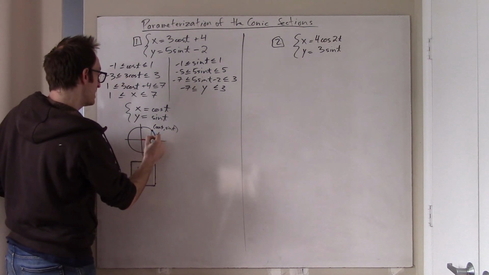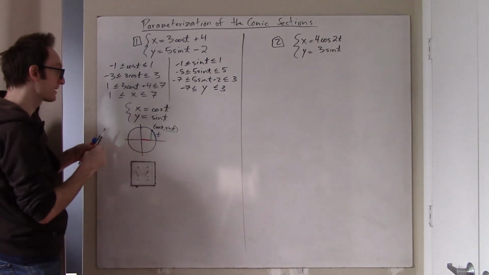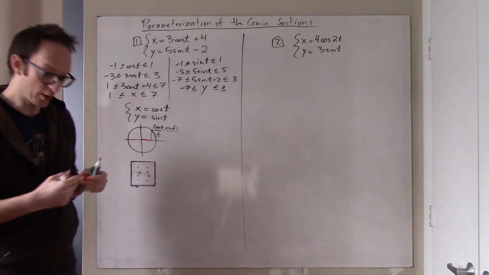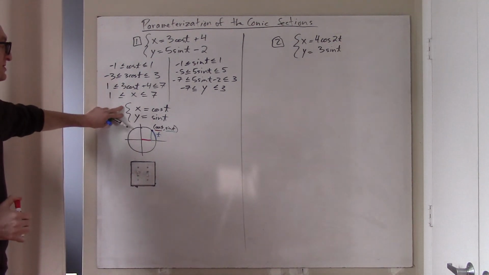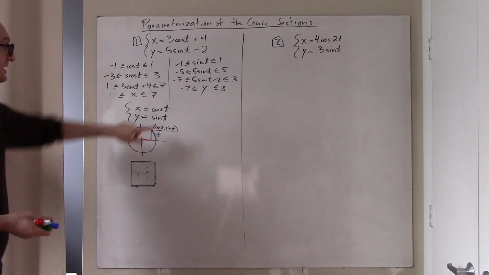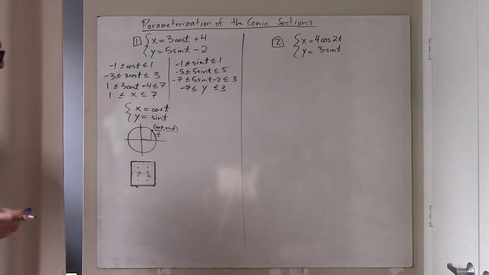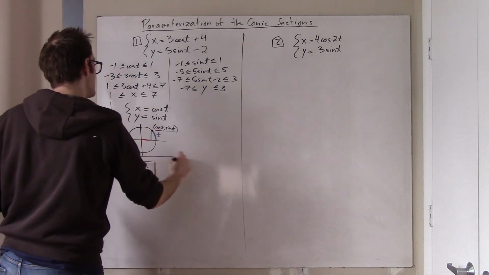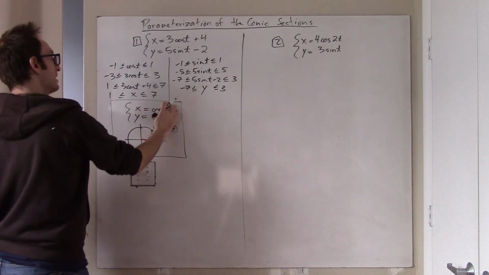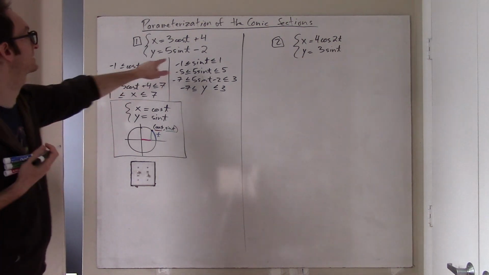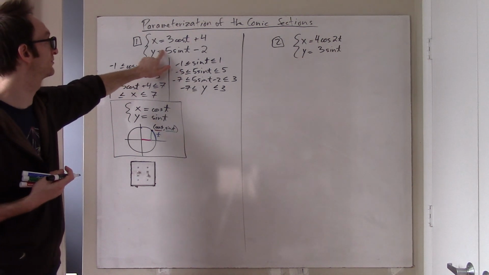Therefore, this pair of parametric equations describes, for a given value of t, all the points on the unit circle. I'll put a little box around this. If I understand this, and this was part of the understanding that we got in November, then I can make some sense of this just from looking at it.